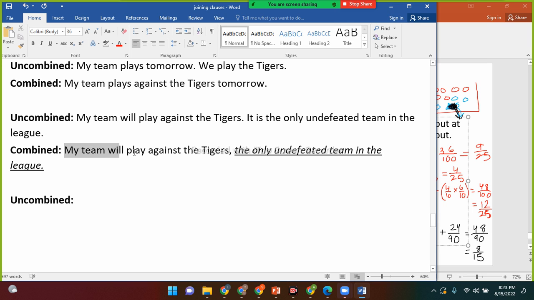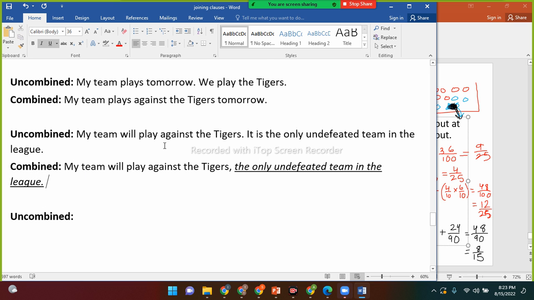The first one does stand on its own. It's an independent sentence, my team will play against the Tigers. That's a complete thought, right? The only undefeated team in the league doesn't stand on its own. It needs the first one to stand. So we could combine the two together. So that's how you do it.